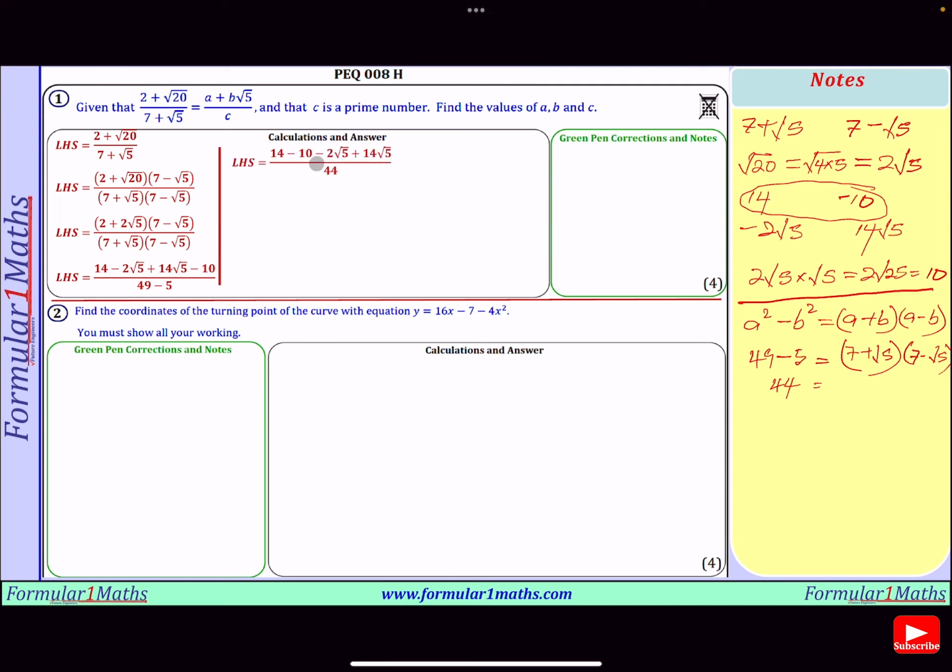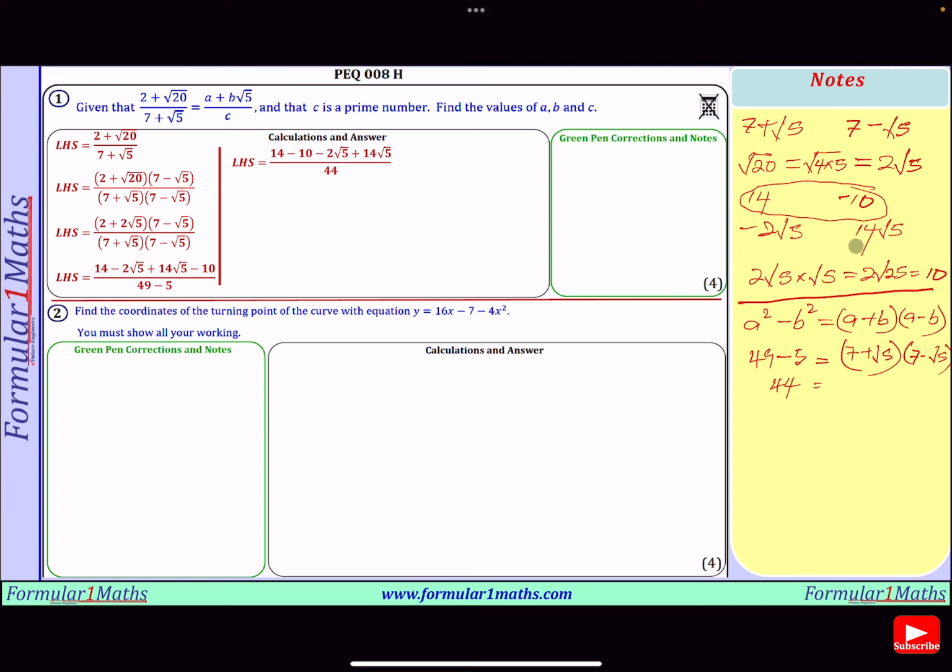14 minus 10 and then minus 2 root 5 plus 14 root 5. We can simplify by adding the like terms. 14 minus 10 is 4, and minus 2 root 5 plus 14 root 5 is 12 root 5.